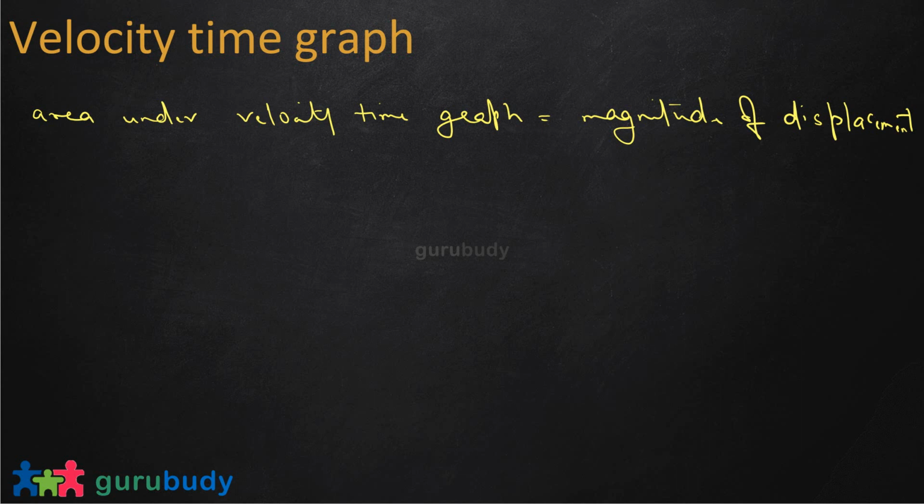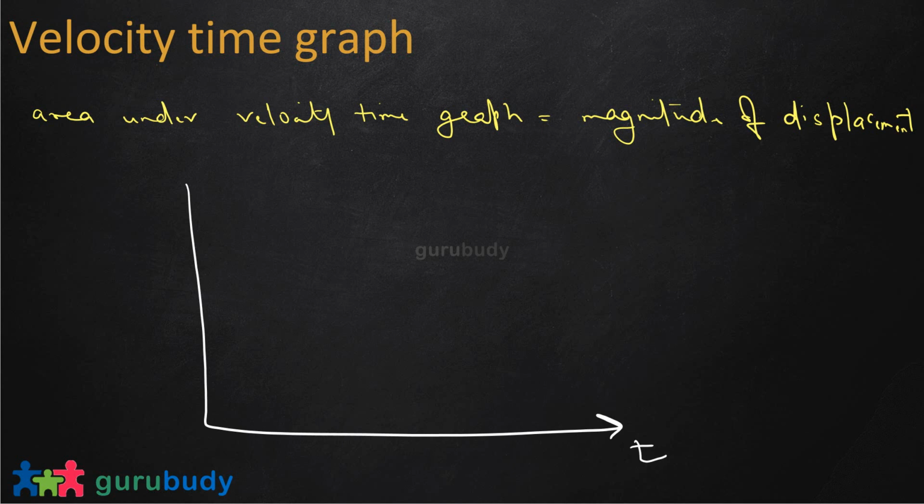So what I mean by that is, if I'm drawing a velocity time graph, this is my time, this is velocity, and my object is moving from, let's say, point A to point B, right?